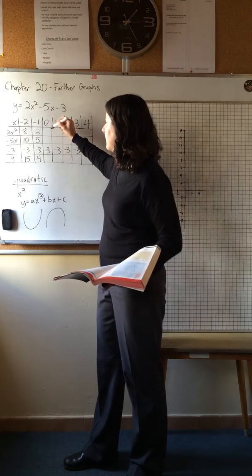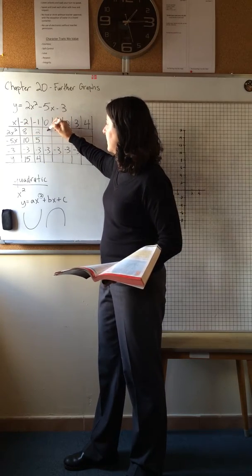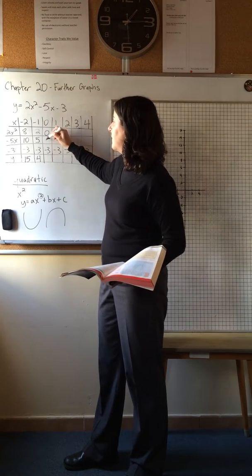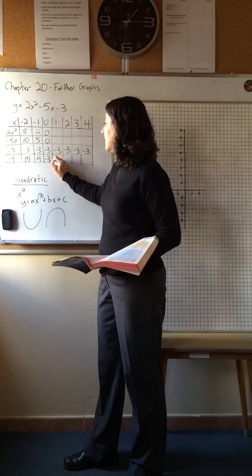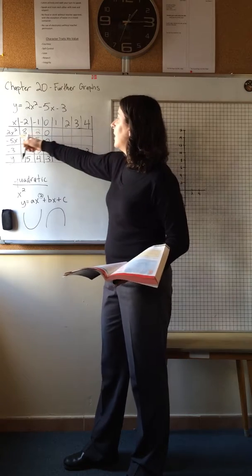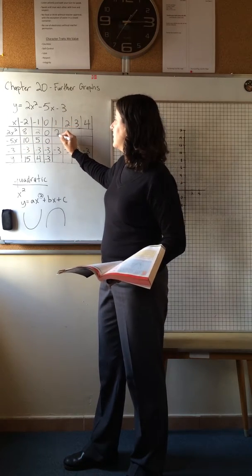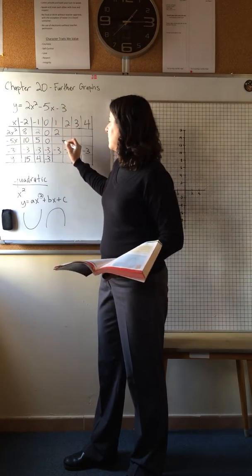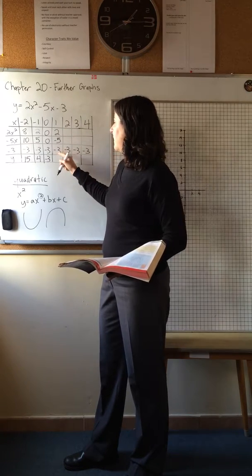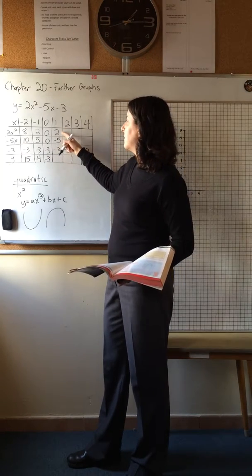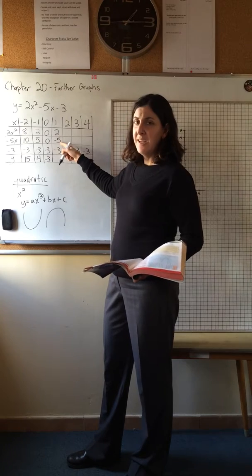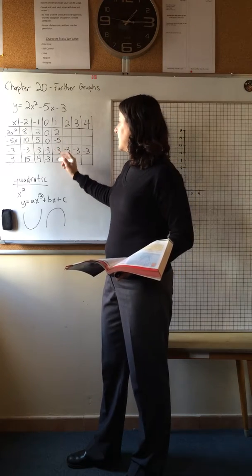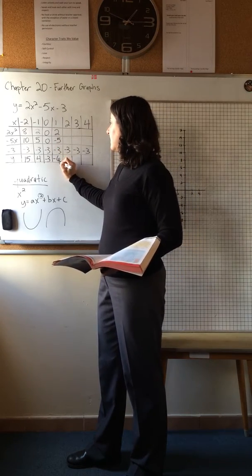Now 0, a nice and easy one. 0 squared is 0, times 2 is 0. -5 times 0 is 0. So this is still going to give me just -3. For 1: 1 squared is 1, times 2 is 2. -5 times 1 is -5, and then we have the -3. So 2 plus -5 is -3, and -3 and -3 is -6.